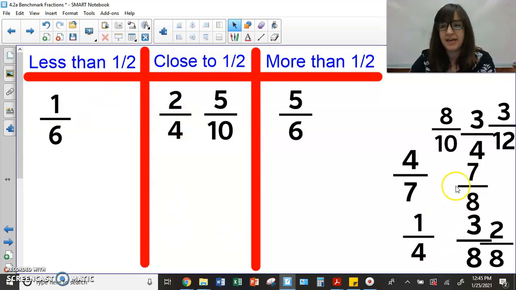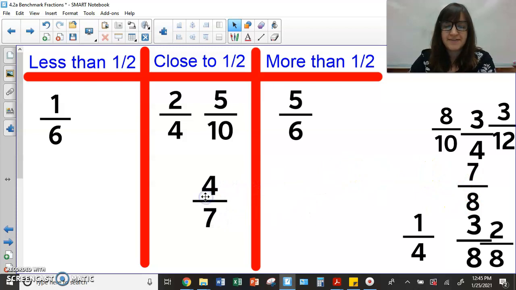If I'm looking over here at 4/7, so 7 is an odd number, meaning I can't split 7 in half. And I wouldn't be able to split 7 in half unless I were able to break it into smaller pieces, which I'm not going to do. So if I have 7 pieces, 7 total in my denominator, if I have 4, that means what's left over is 3.